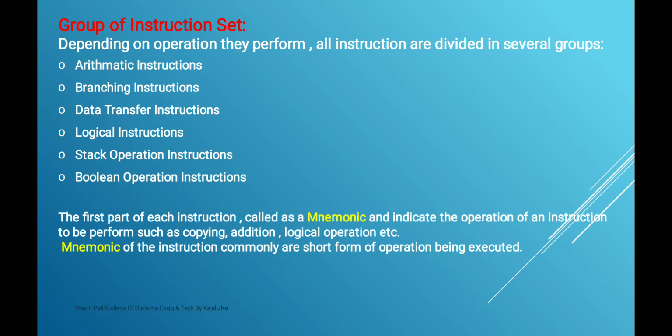If you are confused about mnemonic, in simple words, mnemonic means MOV, move. Move is the short form of that operation. Move means we copy the content of one register to another register. So move is the mnemonic.